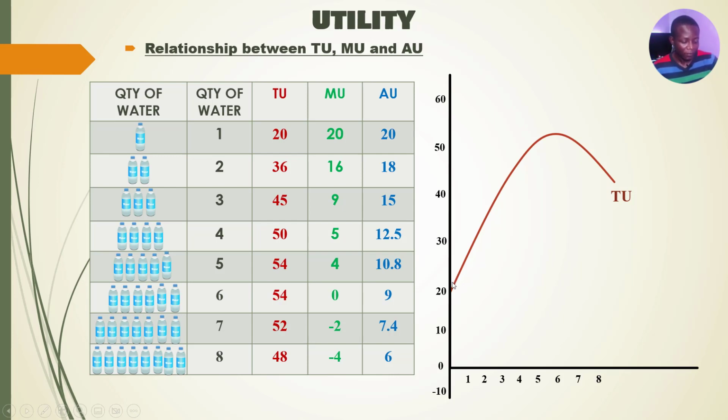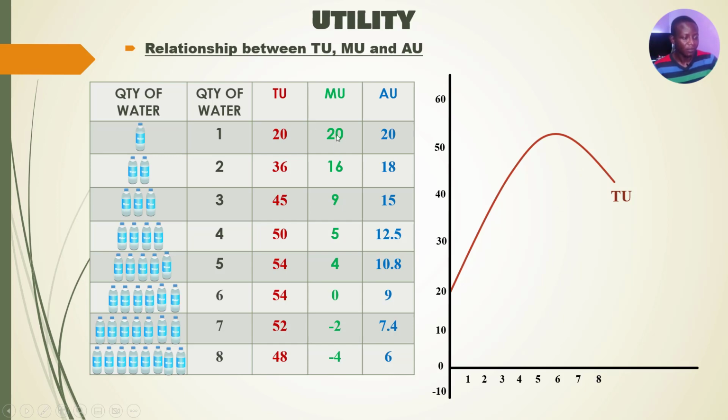From the curve, you realize that it's increasing but at a decreasing rate till the sixth bottle of water. At that point, the total utility was at its maximum. Beyond the sixth bottle, it started decreasing. That's from 54 to 52. And you see that the curve is decreasing beyond this point.